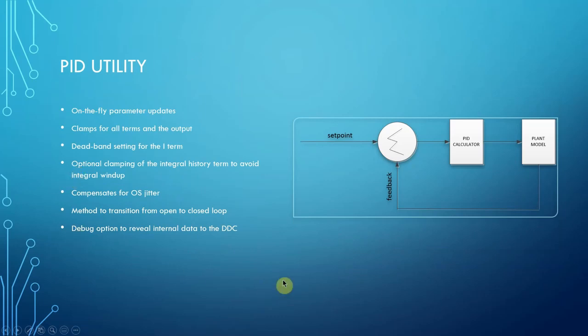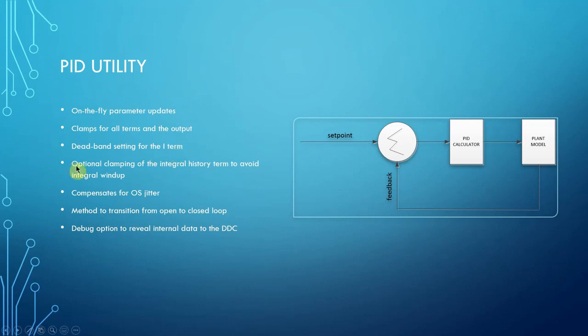The PID utility is used for closed loop control, where you have a plant model and a data set of configurable parameters that's used in the PID calculation. It has on-the-fly parameter updates, clamps for all terms in the output, deadband setting for the I term.